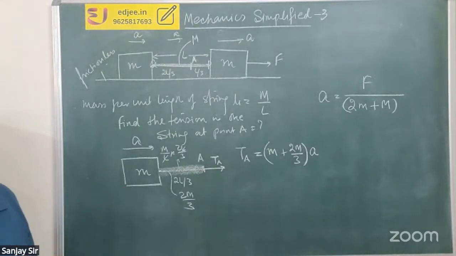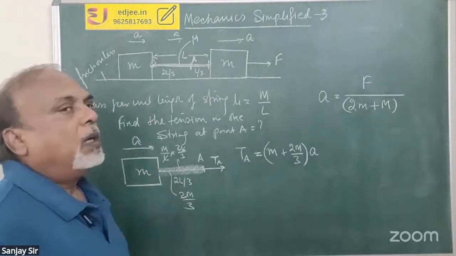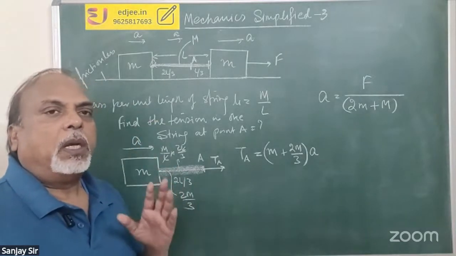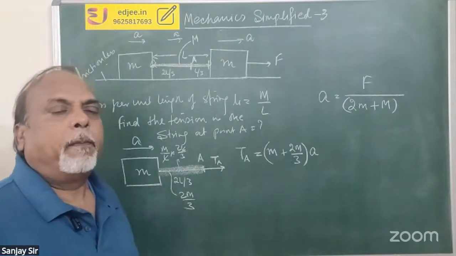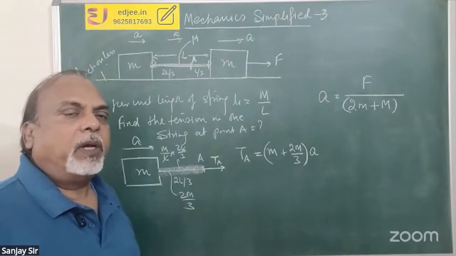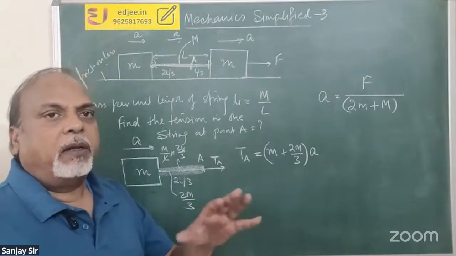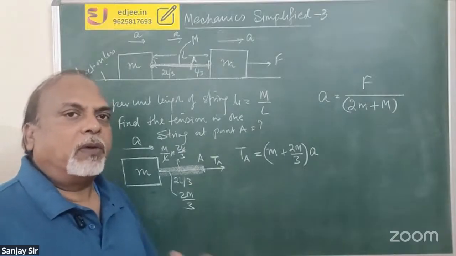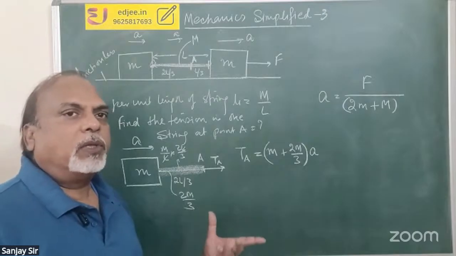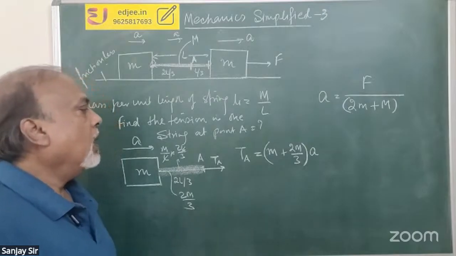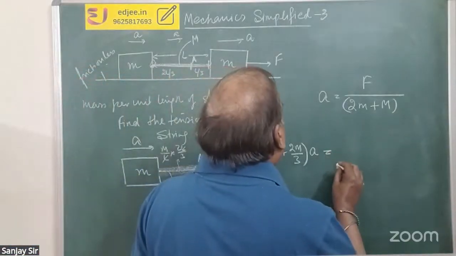No other horizontal forces are there because your floor is frictionless. If floor is not frictionless, then of course frictional force will be there. In the last lecture, we have seen the cases where we have applied the frictional forces on the surfaces. Correct? You can do the same way.